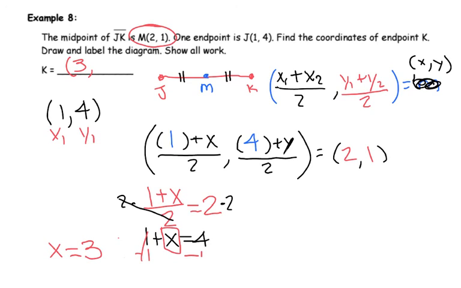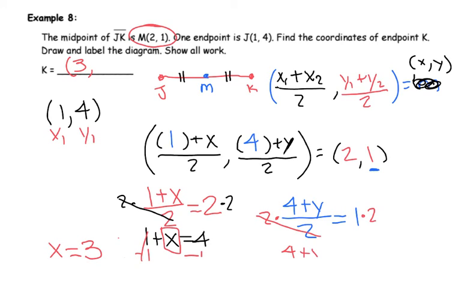Now to do the y value. So now I'm going to take out the y portion, which is 4 plus y divided by 2. And that's going to be equal to the y value of our midpoint, which is 1. Same concept. Can't have a 2 in the bottom, so I have to do the opposite. I'm going to multiply both sides by 2, and that cancels out.